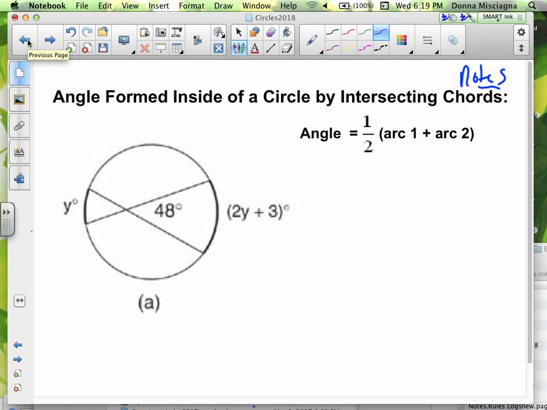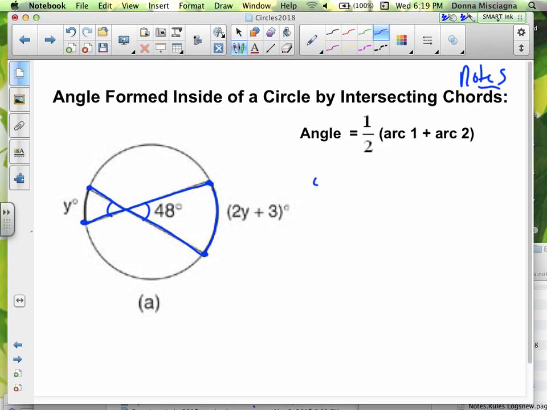All right, so here, very, very similar problem to the last one. Here's our angle. If we follow the angle out, it's going to be equal to half of the sum of those 2 intercepted arcs.